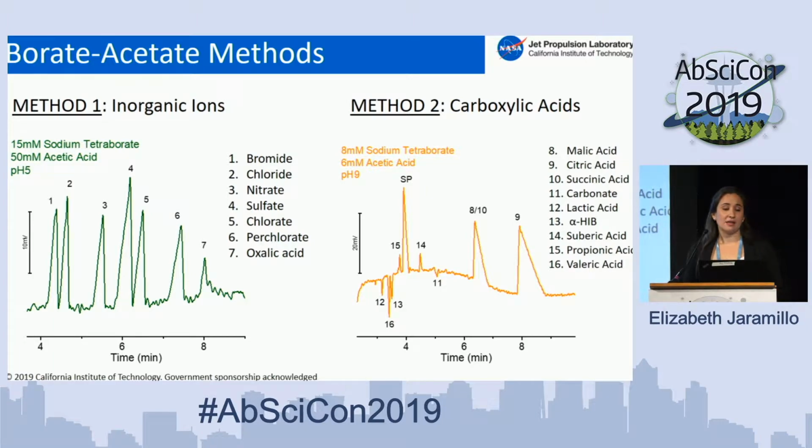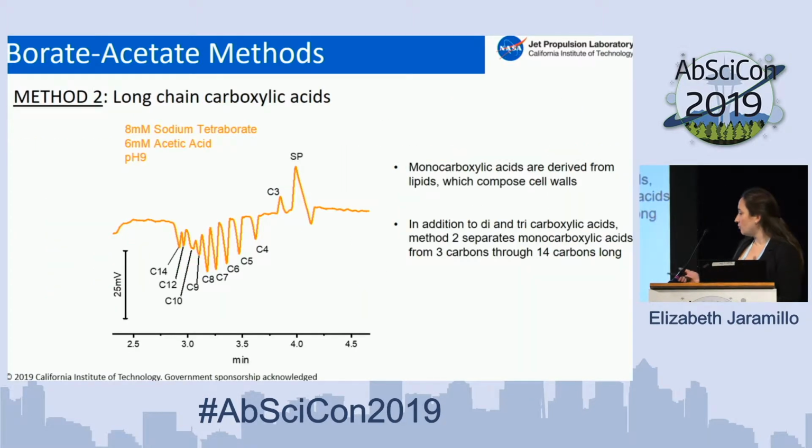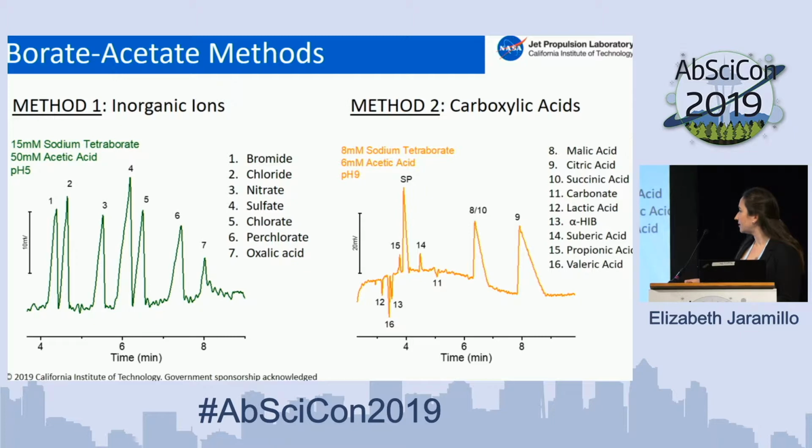So this is exactly what I did. For method one, I basically took the acetic acid-based method that was developed for the simultaneous separation of inorganic cations and amino acids, and I titrated it with sodium tetraborate until it reached around the pKa of acetic acid, and I used that to separate the inorganic ions that I was interested in, and then the small, very highly charged oxalic acid.